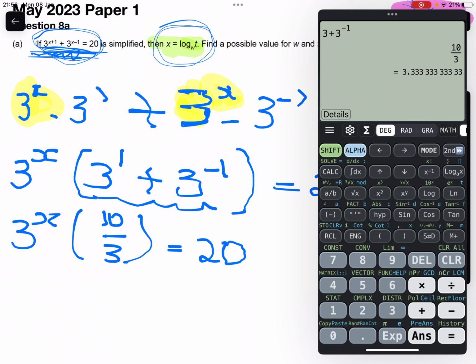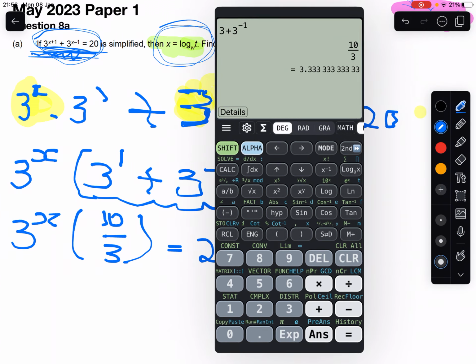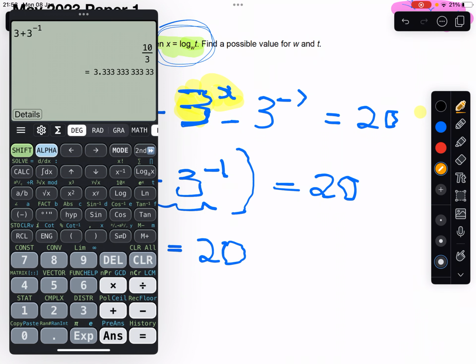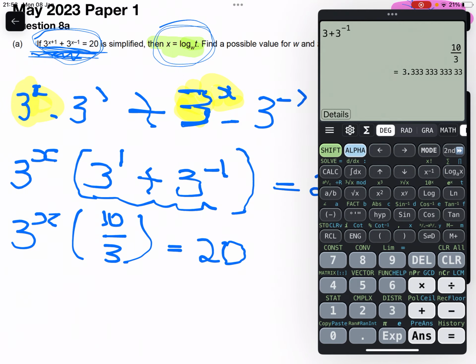Right, and now in order to get 3 to the x by itself, we can divide both sides. Okay, just going to show that with a thinner pen. We can divide both sides by 10 over 3. Right, so we're going to do that on this side as well.